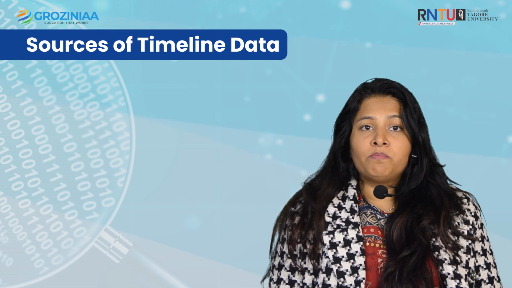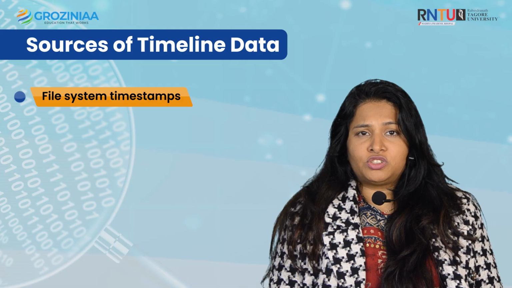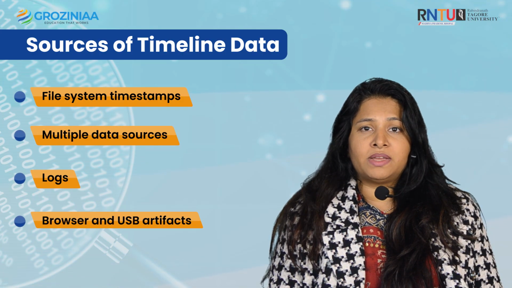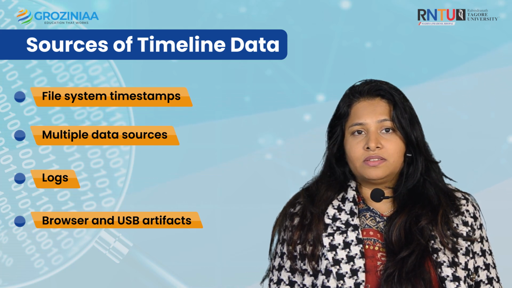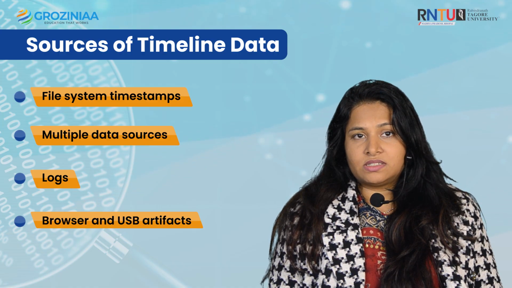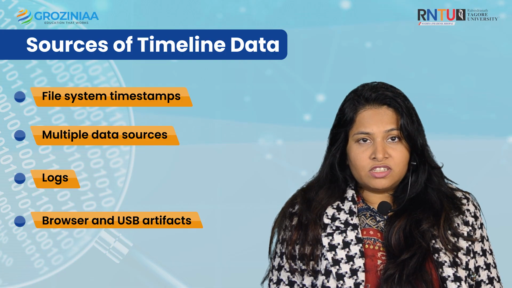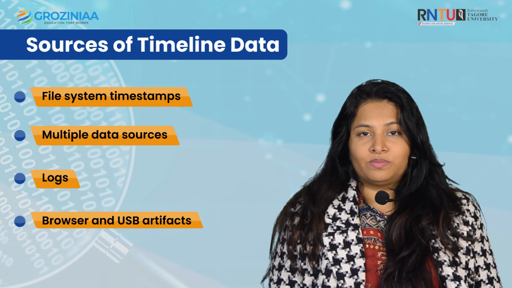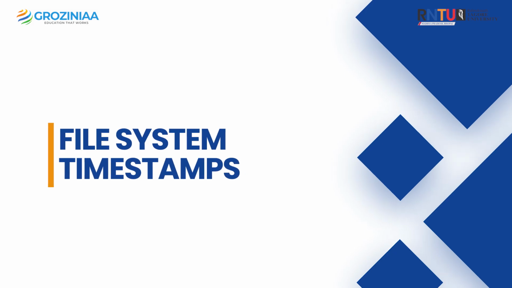Timeline data comes from many places: file system timestamps, registry keys, event logs, browser histories, emails, metadata, USB artifacts, and application logs. Each source has strengths and weaknesses. Is a single source ever sufficient on its own? No, it is not.